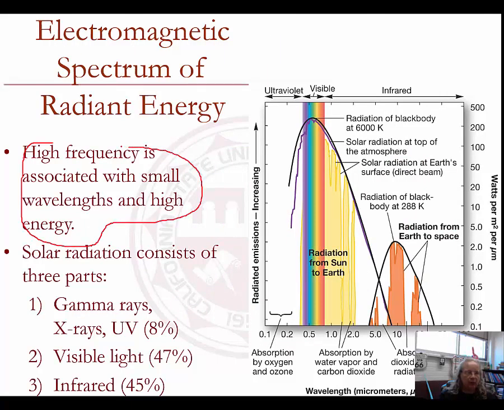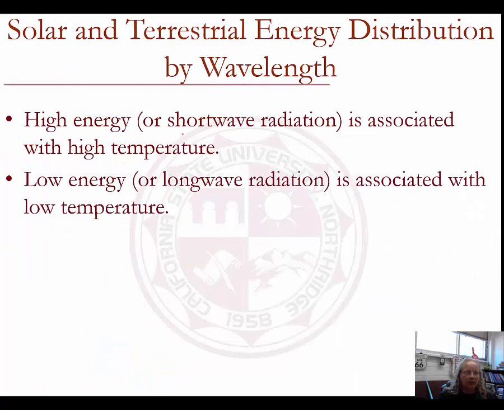Short wavelength, which is a great deal of what comes to us, is emitted by the sun because it is very hot. This shortwave radiation comes with high temperature. The sun is hot. The Earth emits mostly long-wave radiation because the Earth is not a particularly warm body in space.